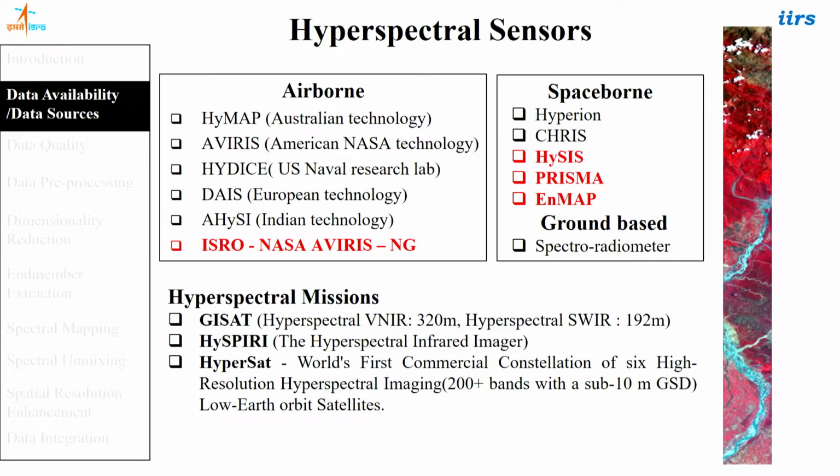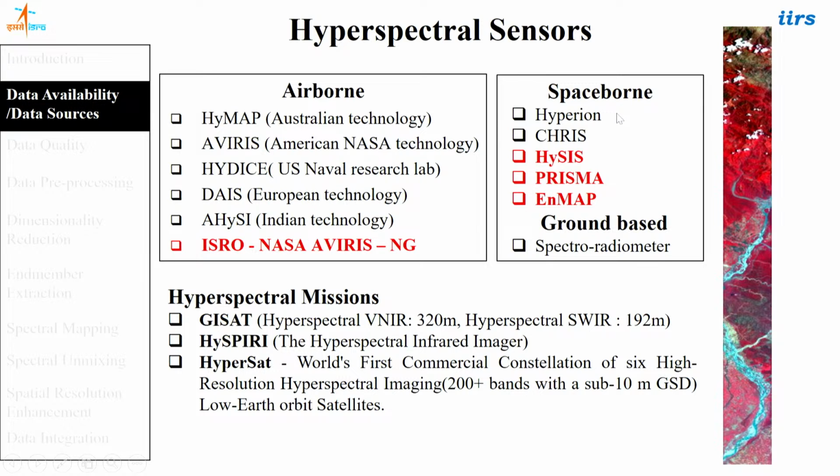Now this NASA JPL developed AVIRIS Next Generation is with 5 nanometer spectral resolution, and the number of bands is around 425. So ISRO and NASA collaborated. We have acquired data from various sites in India in two phases, and the data is available on the website which people can use for their applications and processing.